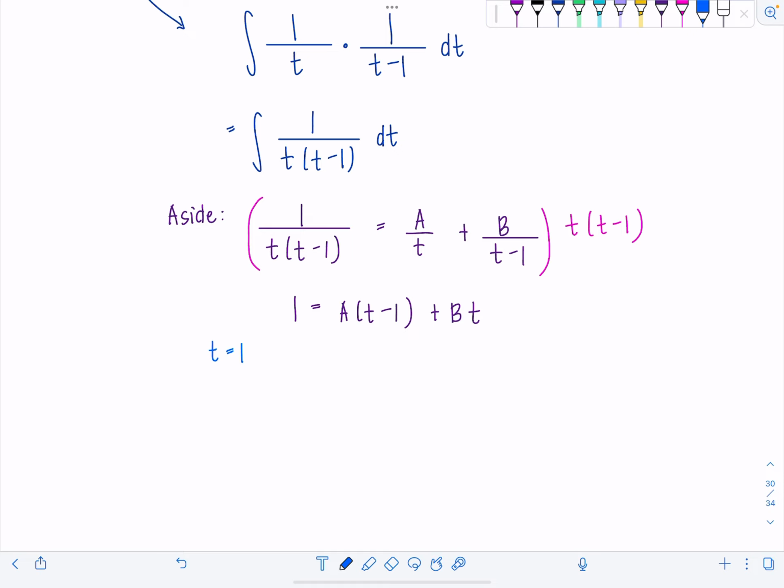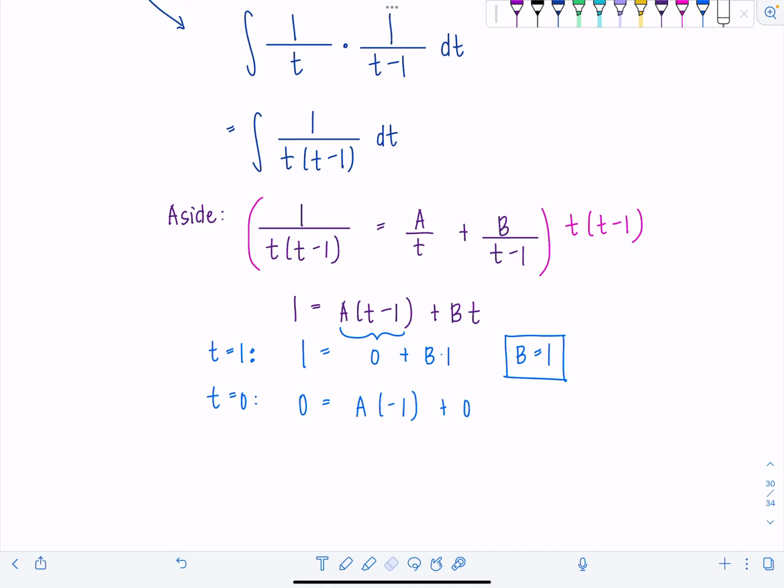So I'll just substitute in t equals 1, since that will make this whole term go to 0, plus B times 1. So I can see already, all right, B is 1. Lovely. And then I'm going to substitute in now t equals 0. So then I have A times negative 1 plus B times 0. Oops, this is a 1. Got too excited there. So then A is equal to negative 1.